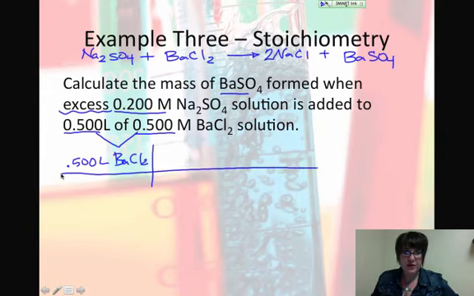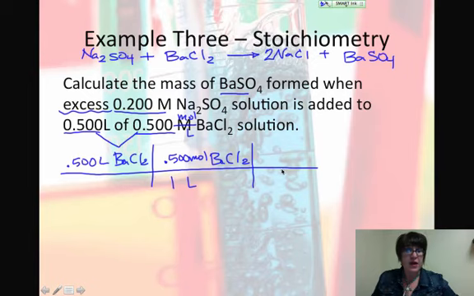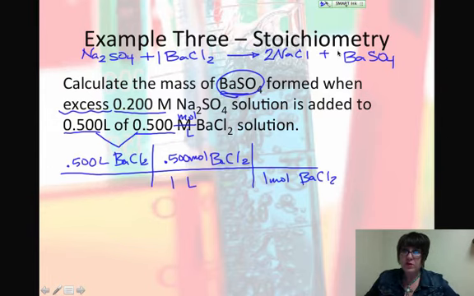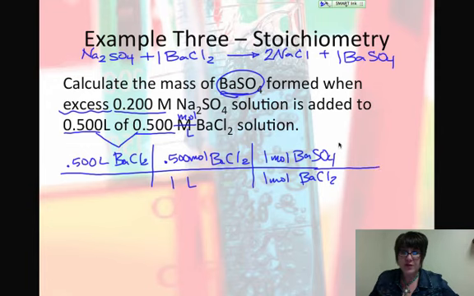Now I have to use my mole ratio. I got to moles of barium chloride, but what I want is barium sulfate. So let's use our balanced equation. For every 1 mole of barium chloride, I need 1 mole of barium sulfate. Now I need the molar mass of barium sulfate, so I need my periodic table.